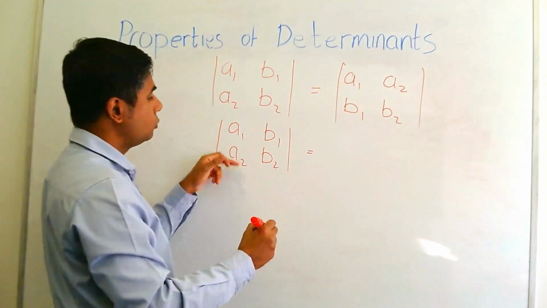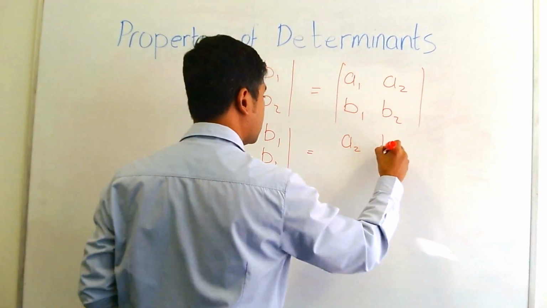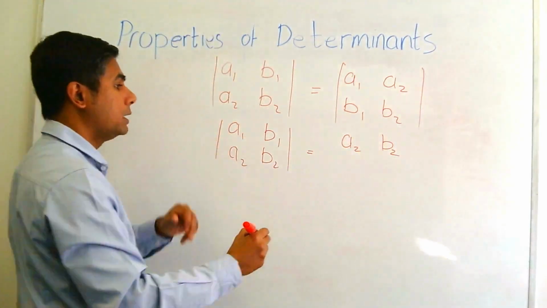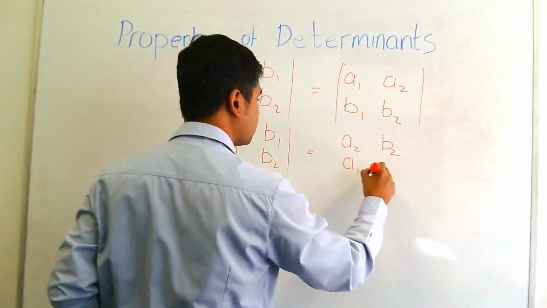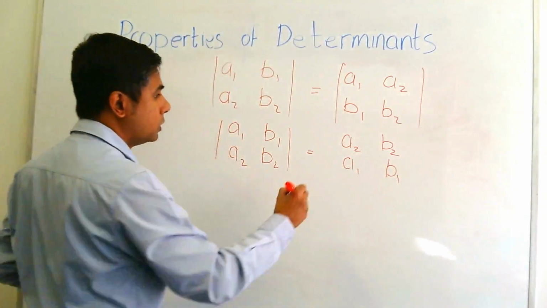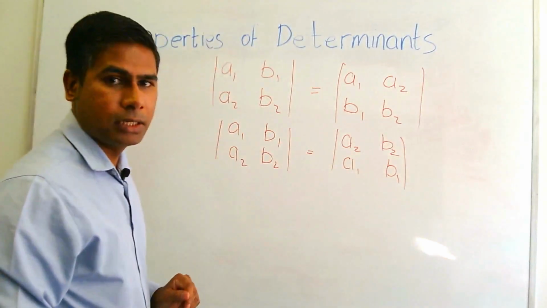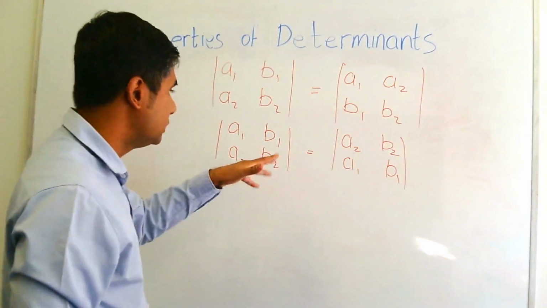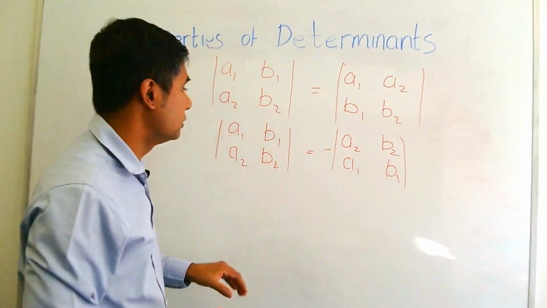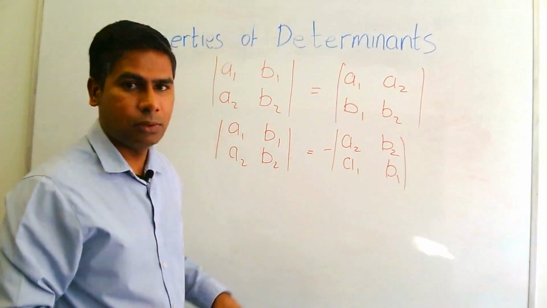So we write row 2 at the top: A2, B2, and then A1, B1. We have swapped row 1 and row 2. If we do that, we'll still get the same numerical value of the determinant, but there will be a minus in front. So the determinant of this is equal to the determinant of this, but with a minus there.